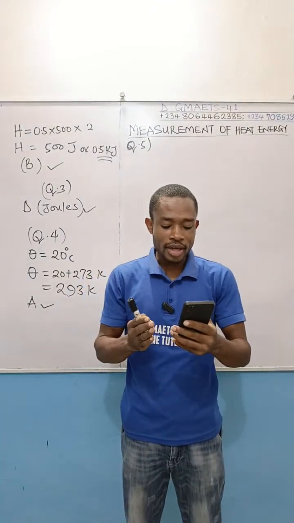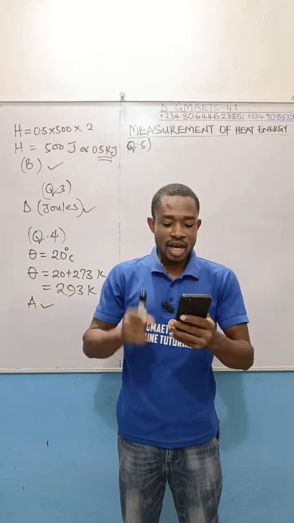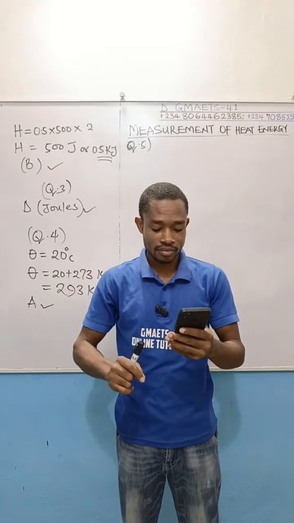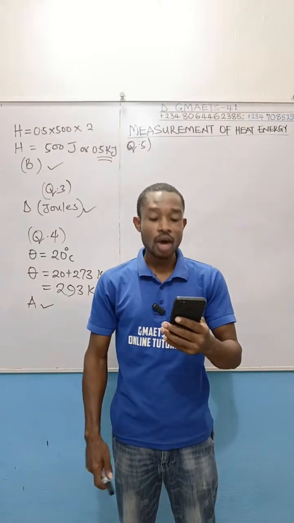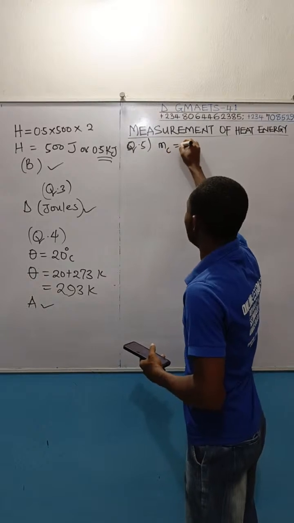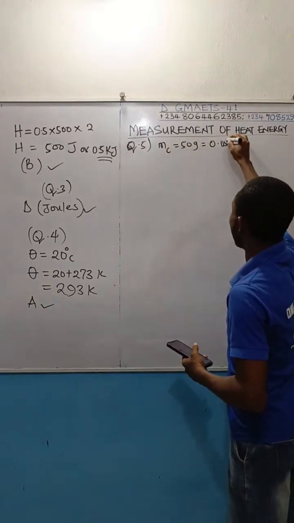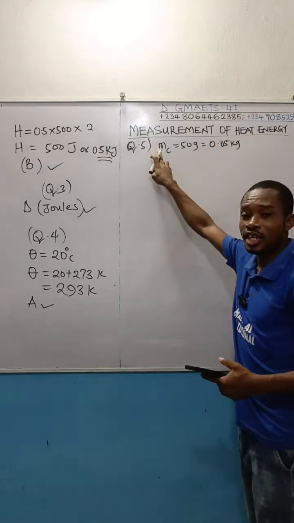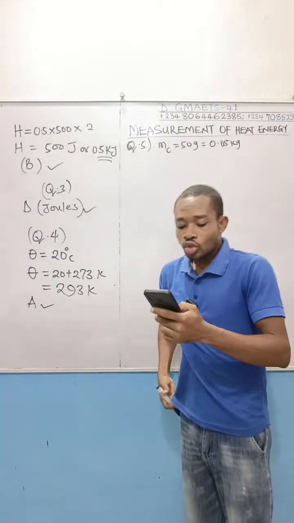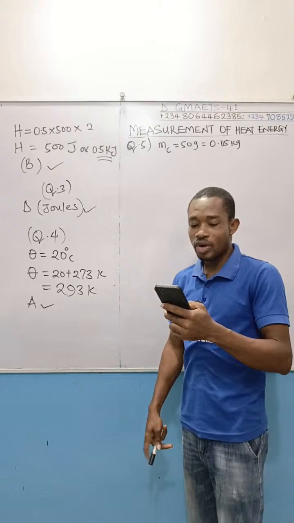In an experiment to find the specific latent heat of steam, the mass of calorimeter was 50 gram. Permit me to use Mc equal to 50 gram, which is 0.05 kilogram if you divide by 1000. This Mc represents the mass of calorimeter. Total mass of calorimeter and water was 300 gram.